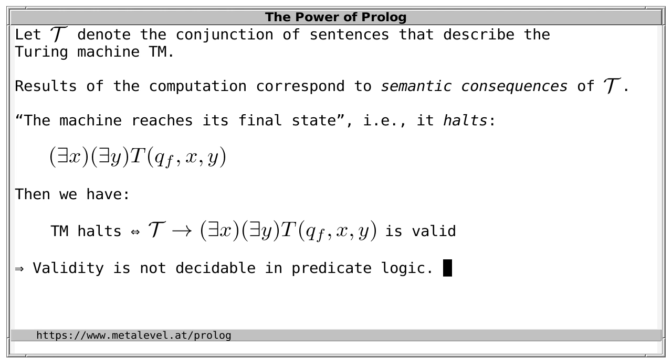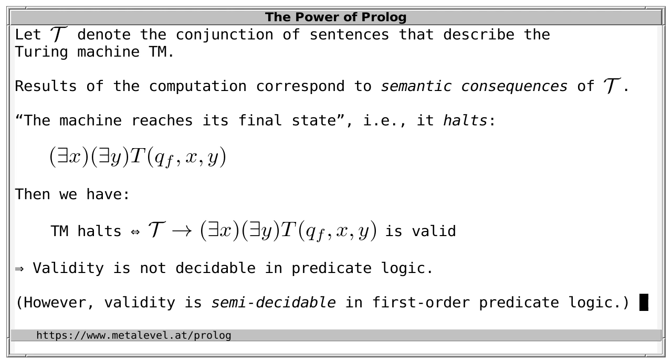So it follows that there is no algorithm that always terminates and always correctly determines whether a set of first-order sentences is valid. However, as we will see, validity and therefore also unsatisfiability of first-order predicate logic is semi-decidable. This means that there is in fact a procedure that does terminate and answers yes if a given first-order sentence is valid.